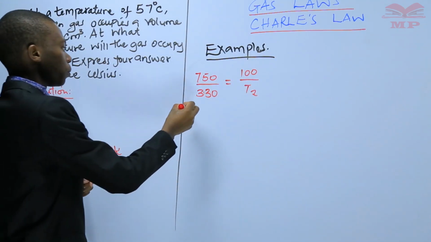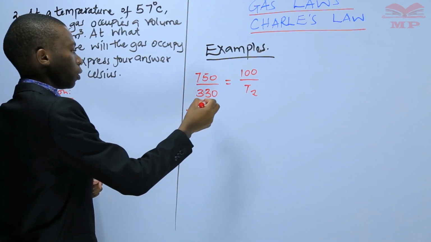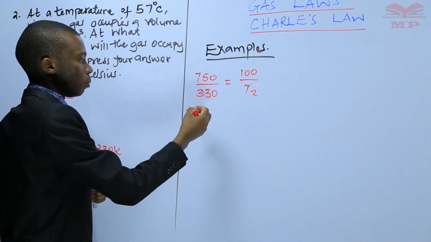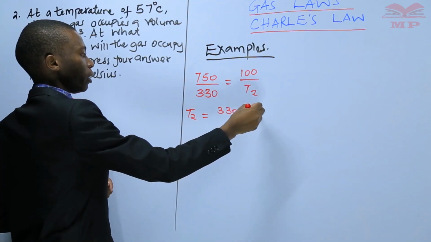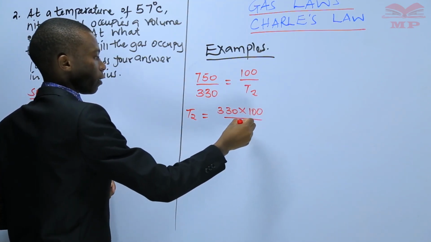Therefore, to get T2, we just cross multiply. This will be given by 330 times 100 and divide by 750.